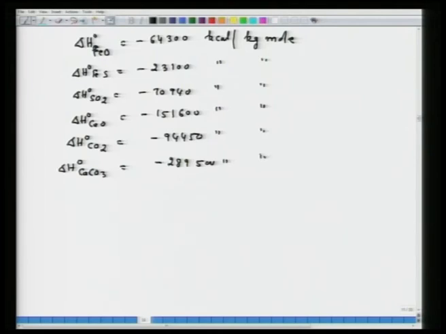Now, I think all these data are given to you. Now, one can find out the various terms concerning the heat input and heat output.